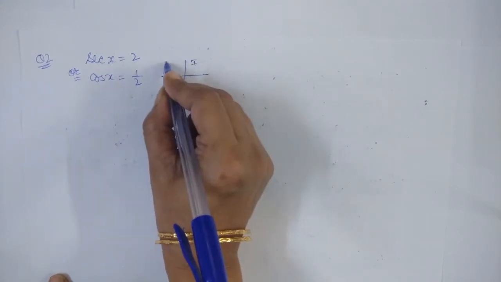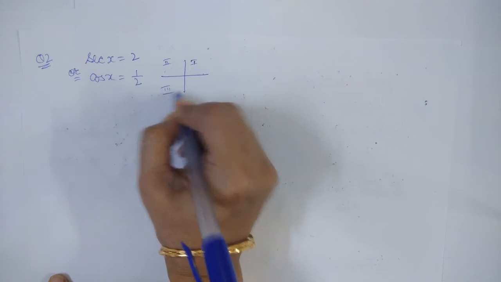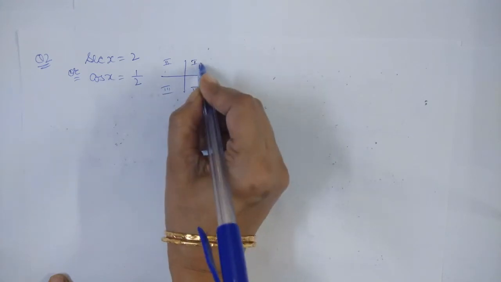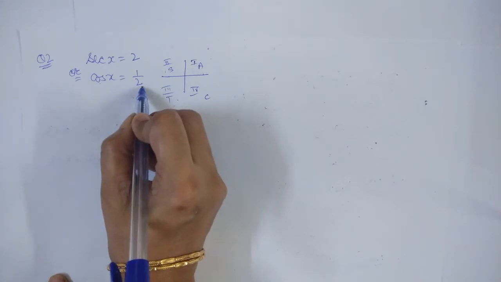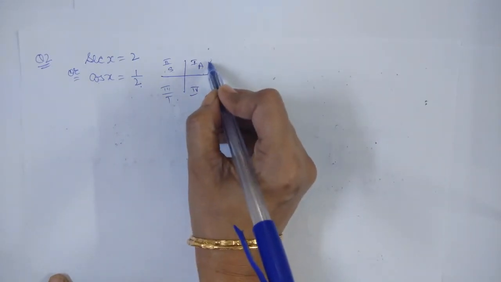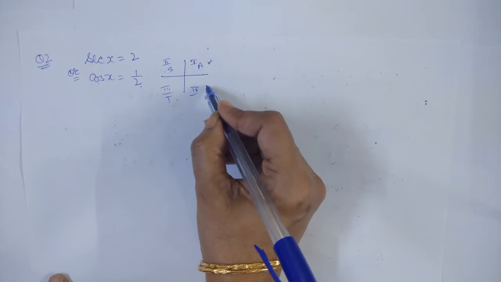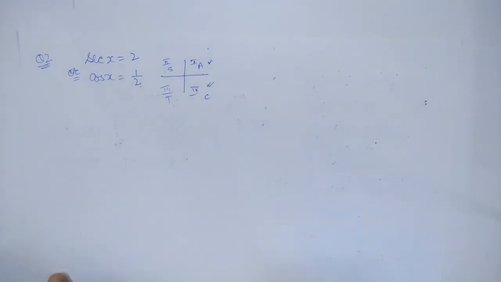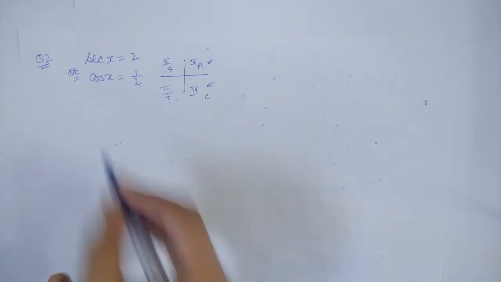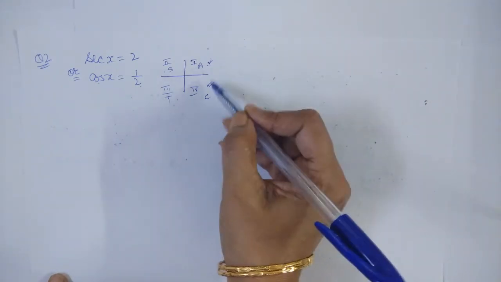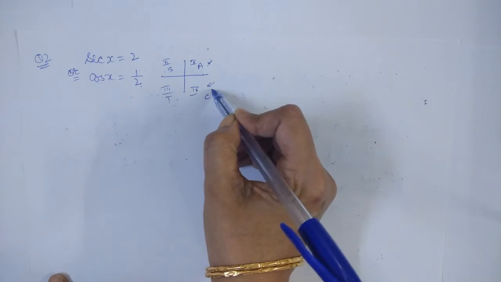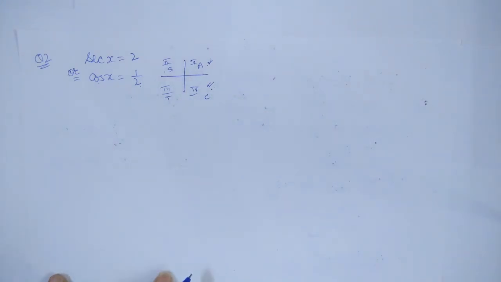This is first, second, third and fourth quadrant. Add sugar to coffee: cos x is positive. So positive, it lies in the first quadrant as well as the fourth quadrant. So according to this, the value should lie in the first quadrant as well as the fourth quadrant for principal solution.